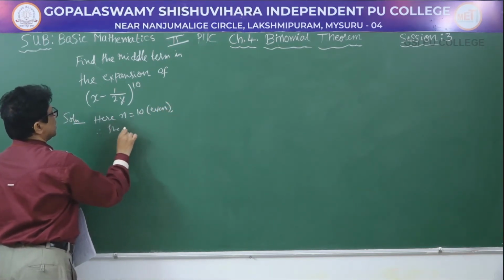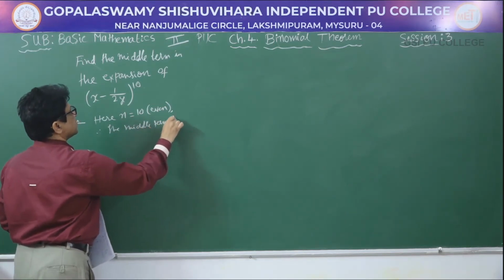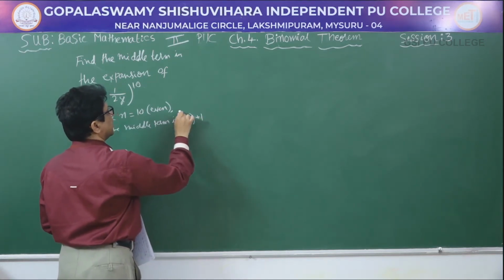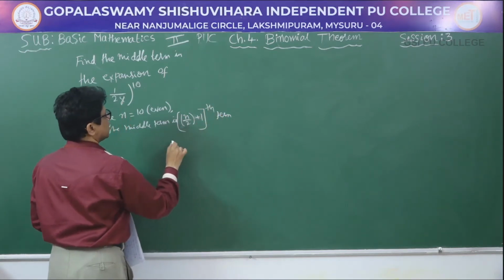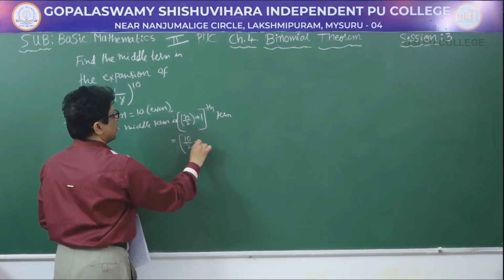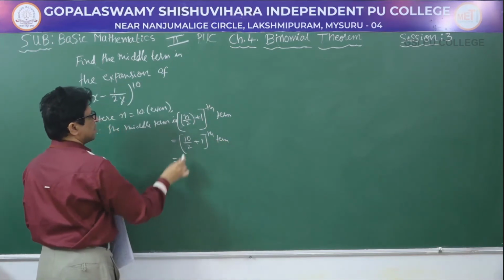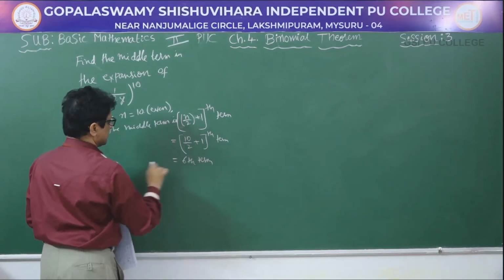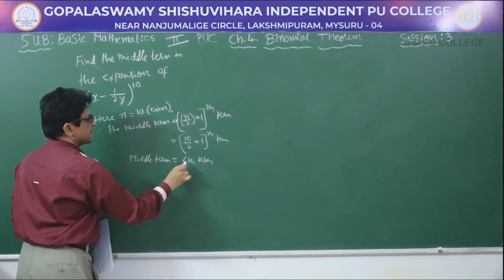Therefore, the middle term is the (n/2 + 1)th term. So, n is 10, 10/2 plus 1th term. That will be equal to 10/2 is 5, 5 plus 1 is the 6th term. Therefore, the middle term of this expansion is the 6th term.